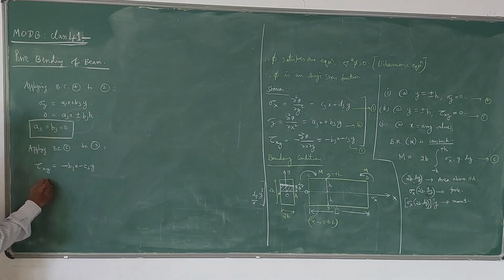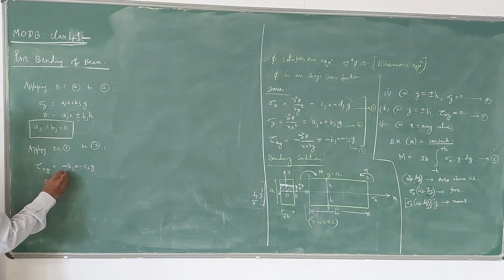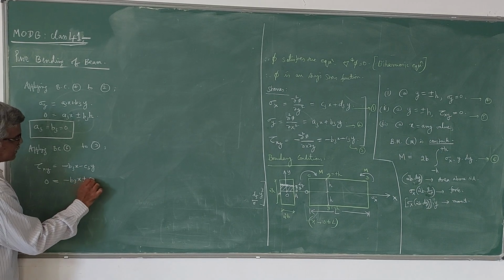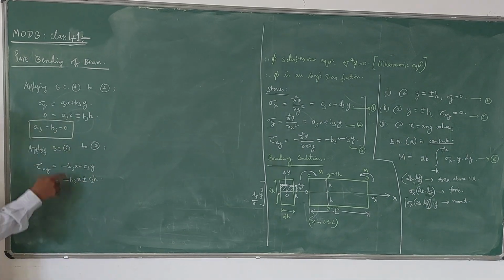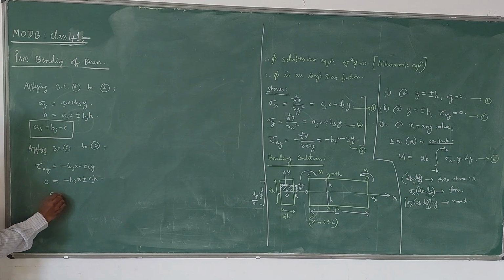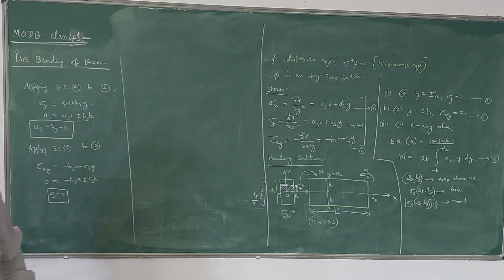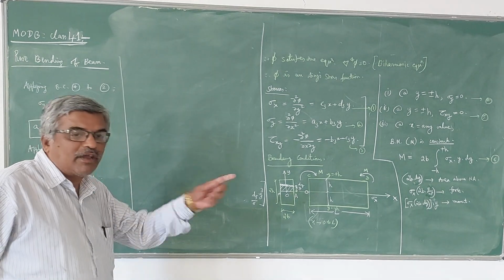Once again tau xy is 0 according to the boundary condition 5. So here this becomes minus b3x plus or minus c3h. Once again, since b3 is 0, c3 also should be 0. So we got all three as zeros. Only d3 is not equal to 0. d3 cannot be 0, because if d3 is 0, then 5 becomes 0.